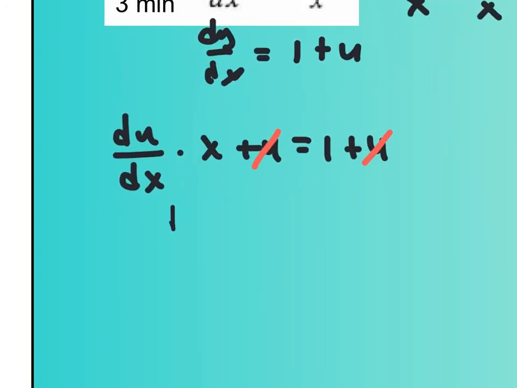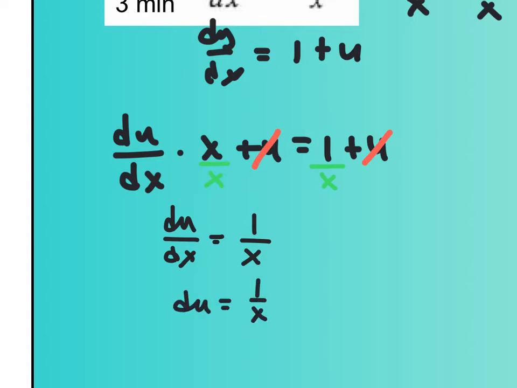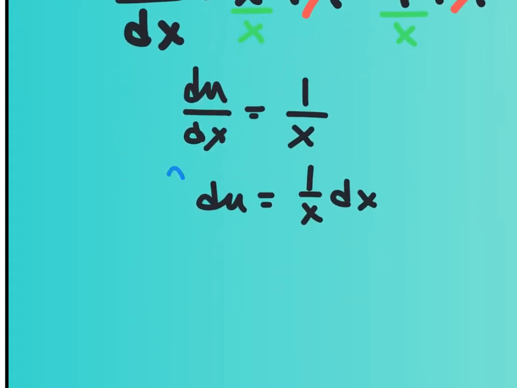So du/dx equals 1 over x, right? I just divide by x. Oh, bad color choice. And now what I have is du equals 1 over x dx. And I can integrate. Now, I'm going to integrate on both sides, on the left with respect to u, on the right with respect to x.